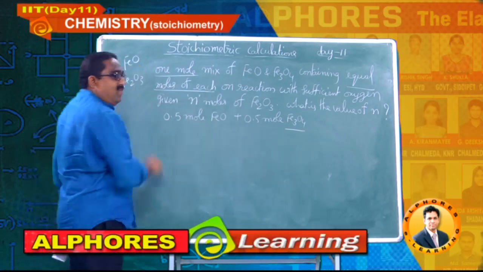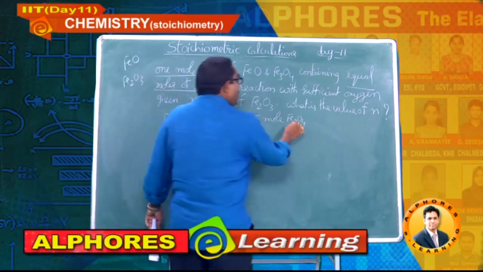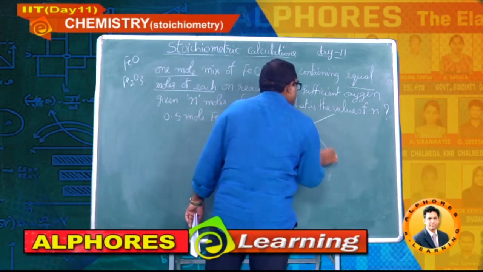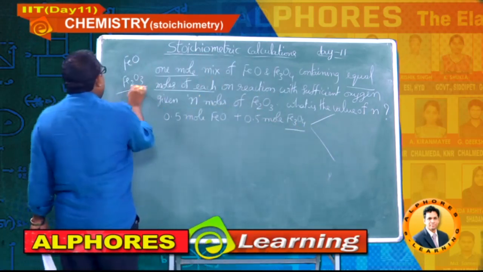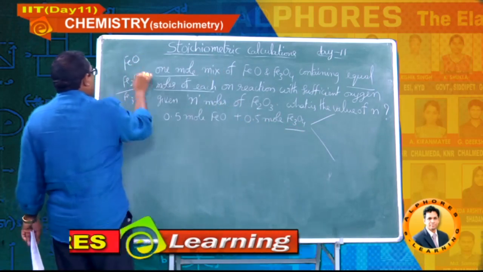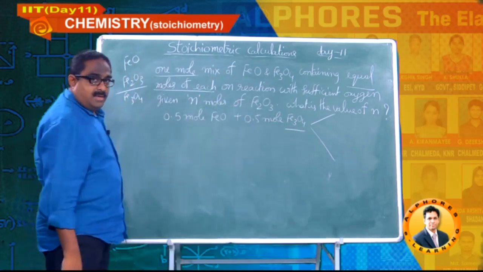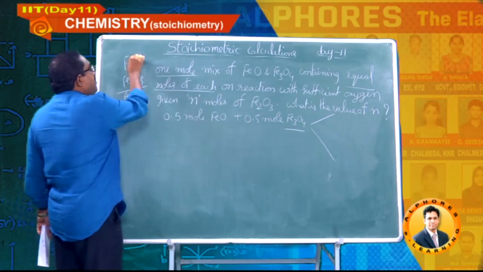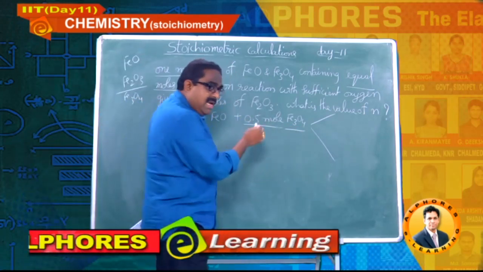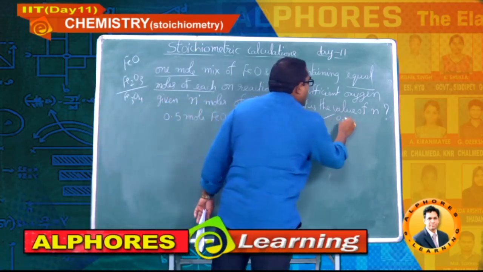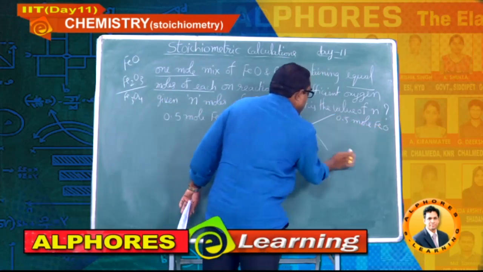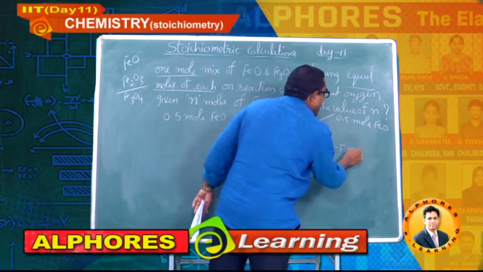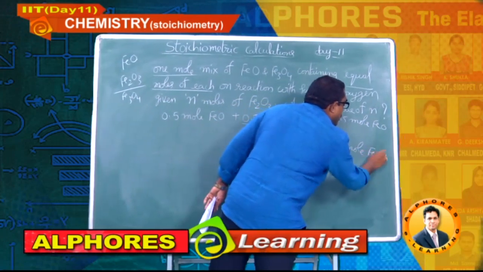Now, no doubt, this is a mixed oxide. If you add these 3, what will you get? Tell me. Fe3O4. So, 1 mole of this contains 1 mole, but this time he has given 0.5 mole. So, instead of this, I can write 0.5 mole FeO as well as 0.5 mole Fe2O3.